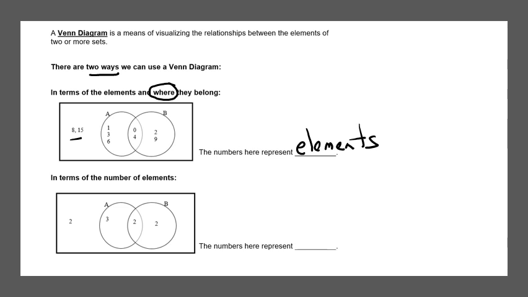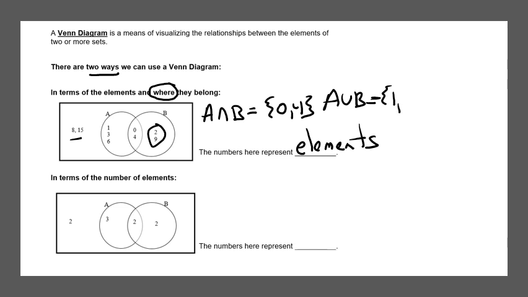If you look at this Venn diagram here, A and B have 0 and 4 in common. 2 and 9 are just elements of B. They're not elements of A. A union B, I'll show you this one. A union B consists of the elements 1, 3, 6, 0, 4, 2, and 9. Okay, so when a Venn diagram represents where elements belong, that's one method.